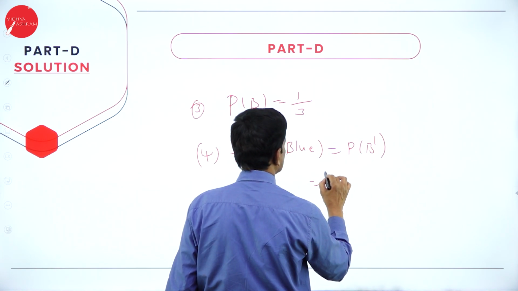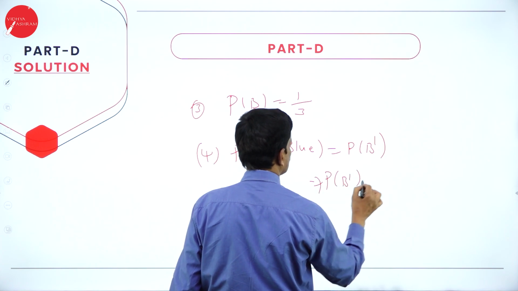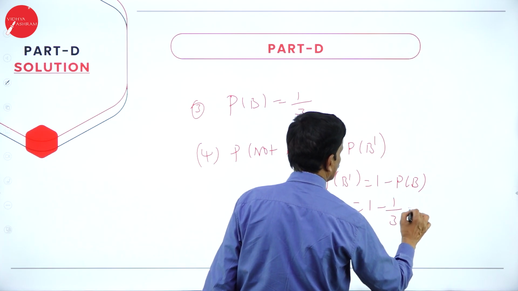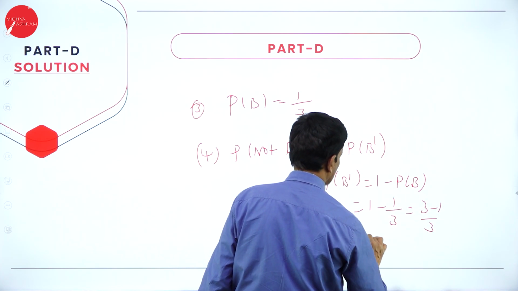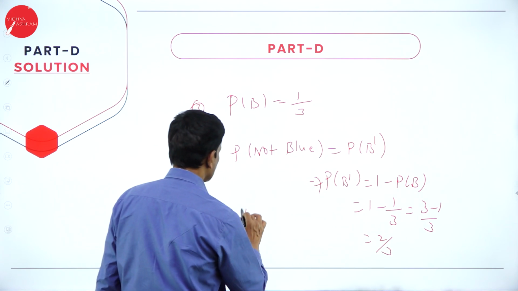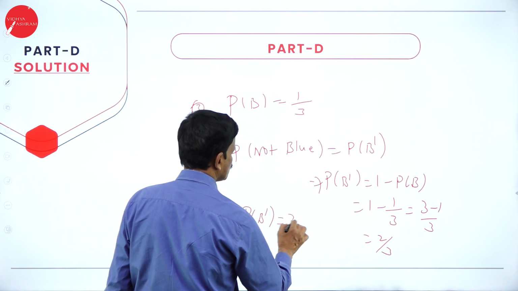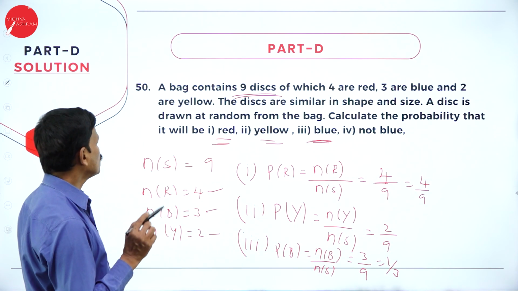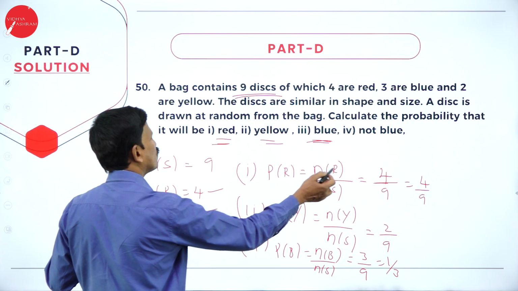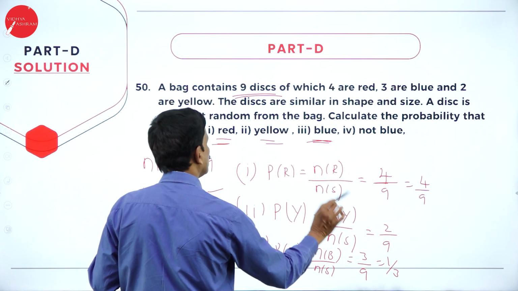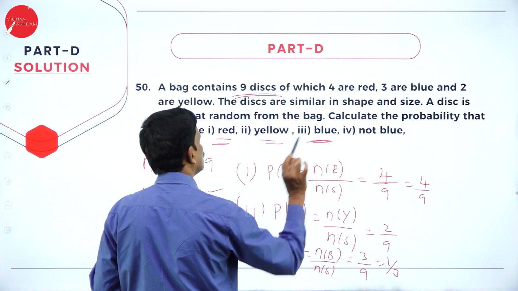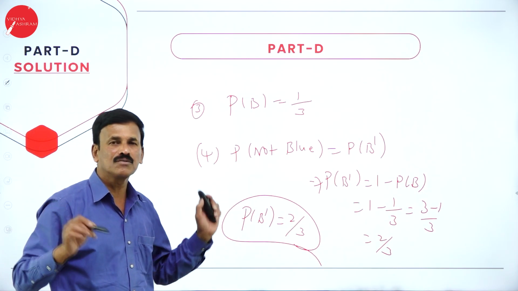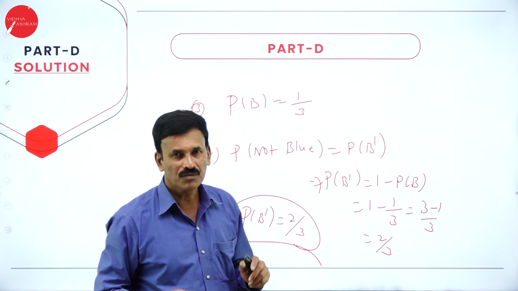P of B dash is equal to 1 minus the probability of B. That is 1 minus 1 by 3, which is equal to 2 by 3. So not blue, P of B dash, is equal to 2 by 3. So probability of red is 4 by 9, yellow is 2 by 9, blue is 1 by 3, and not blue is 1 minus 1 by 3, which is 2 by 3. This is how we are going to solve this probability problem.